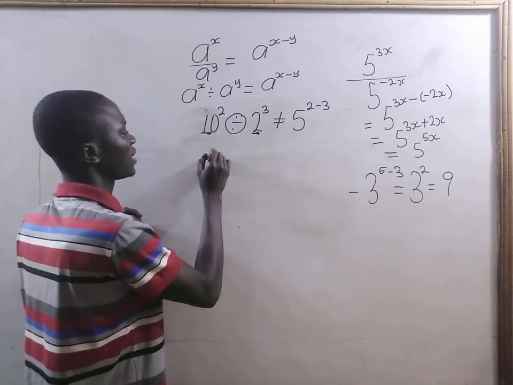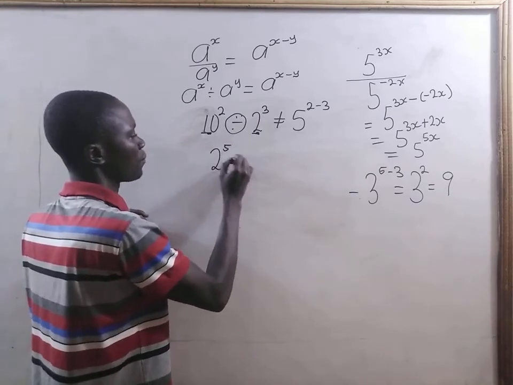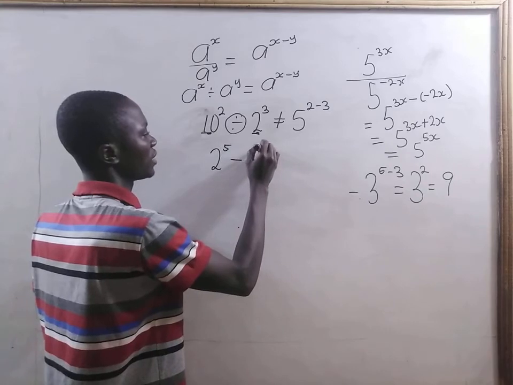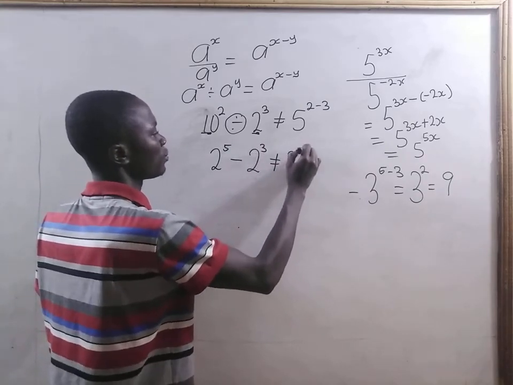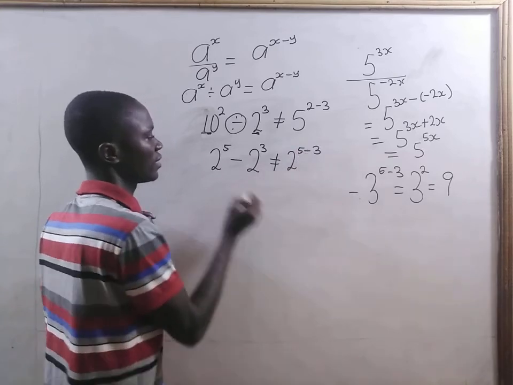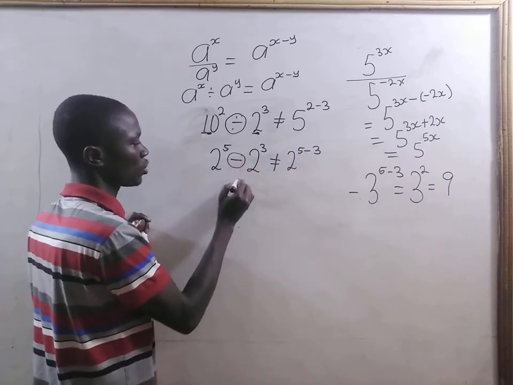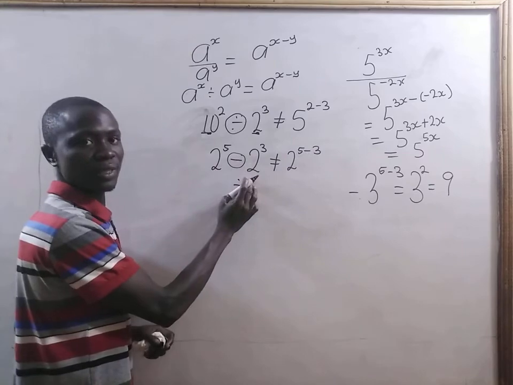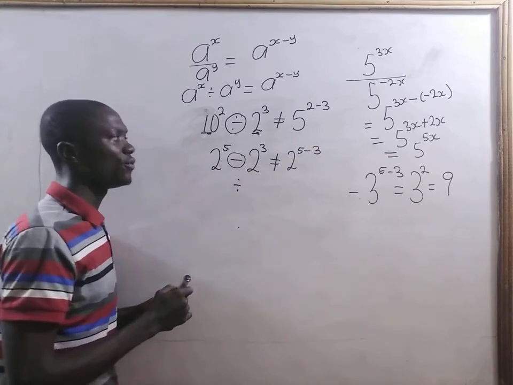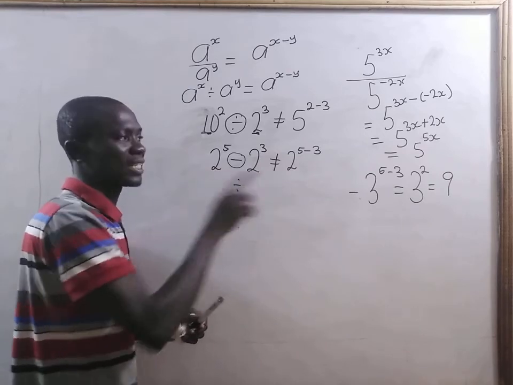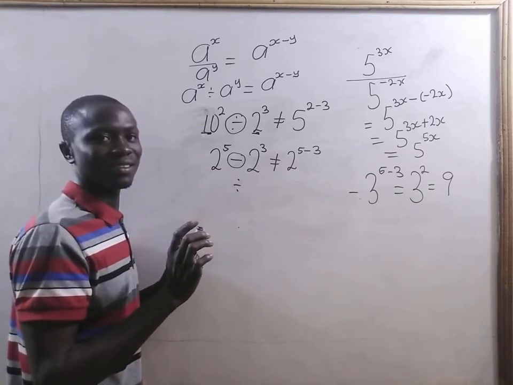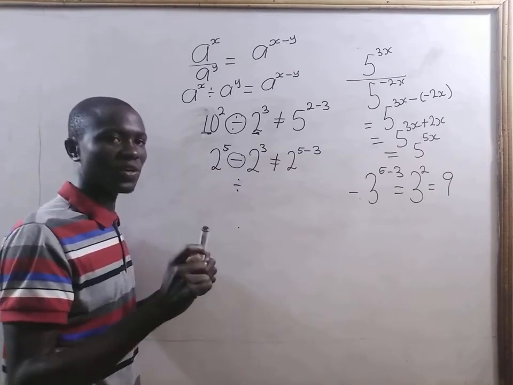So if I have, let's say, 2 exponent 5 minus 2 exponent 3, it is not equal to 2 exponent 5 minus 3. The sign here is not a division sign. We are saying that if we are dividing numbers, not if we are subtracting numbers. So get the concept very well.